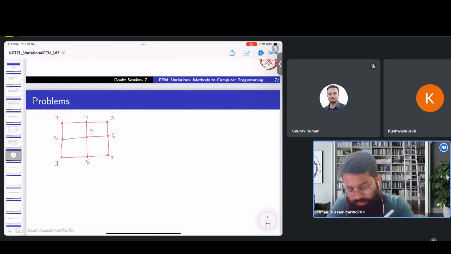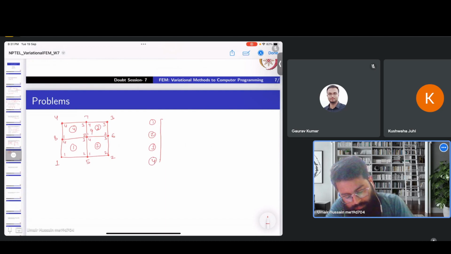Now we have rather a large number of nodes. Okay, so again we have four elements, so we'll have four rows. And now we have four local nodes, so we have four columns.